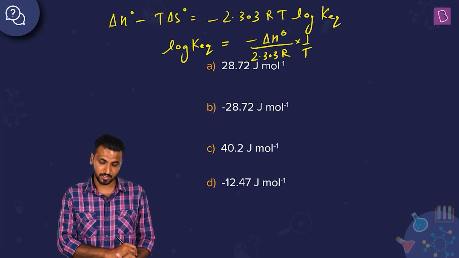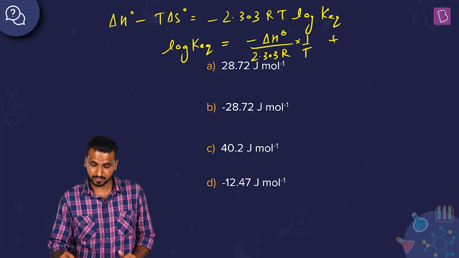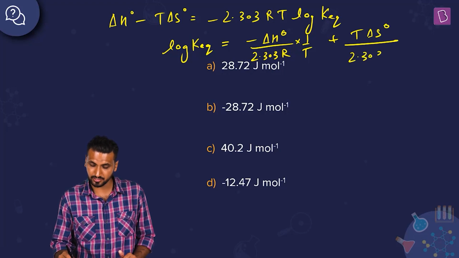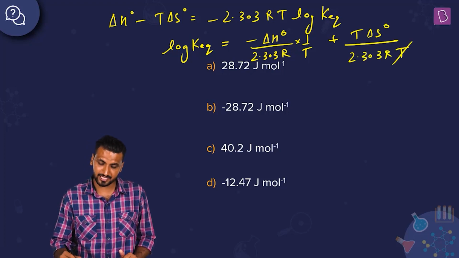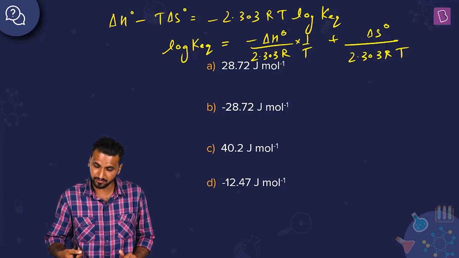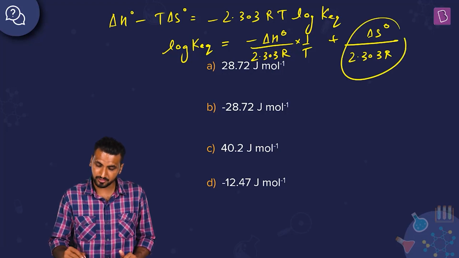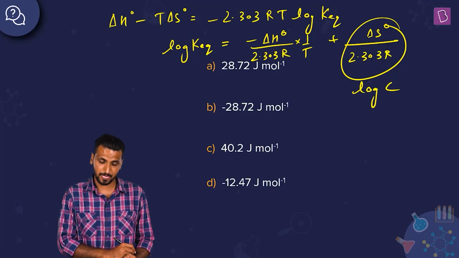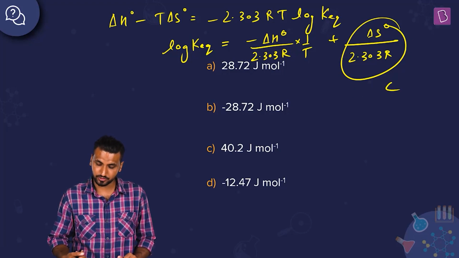This will be plus T delta S naught upon 2.303 RT. So T will get cancelled with T. This whole term will be nothing but a constant c, or y is equal to mx plus c.